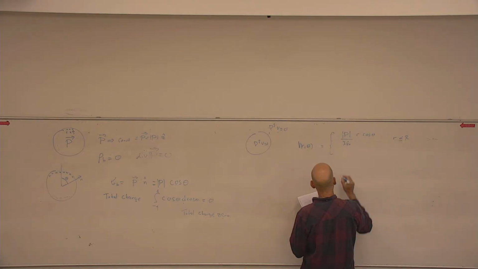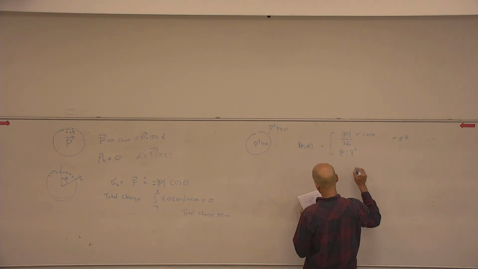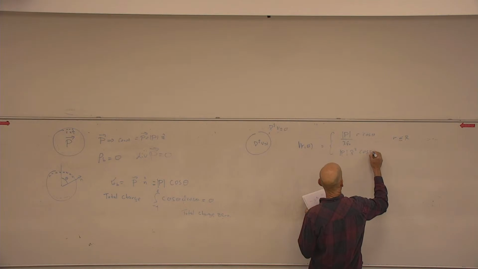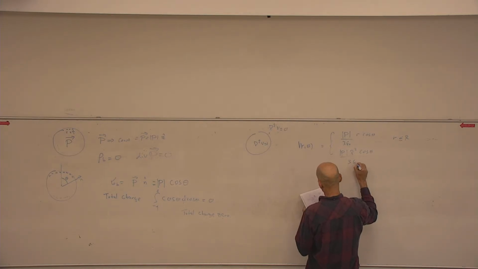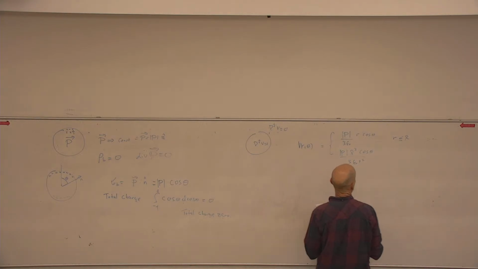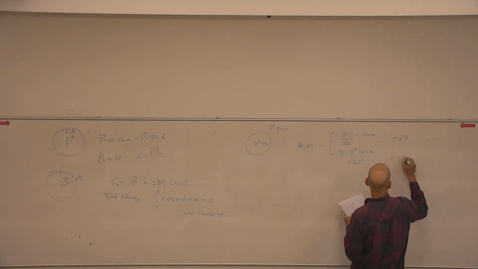The cosine theta comes essentially from here. Then outside the ball it is P R to the power 3 cosine theta over 3 epsilon 0 r to the power 2. This is for r bigger than R.